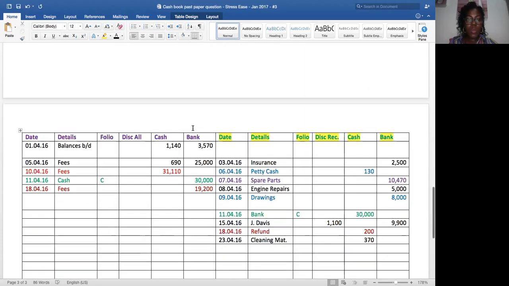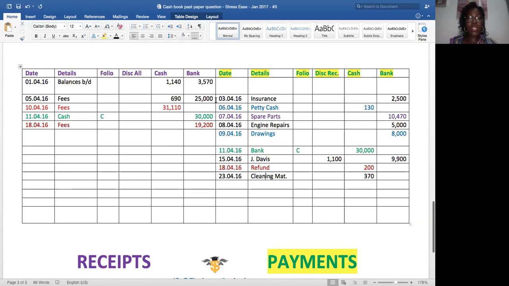If you look at what we did before, the 25,000 was deposited immediately in the bank account. So I didn't have to record the 25,690 under my cash column and then go take out the 25,000, because they said immediately.